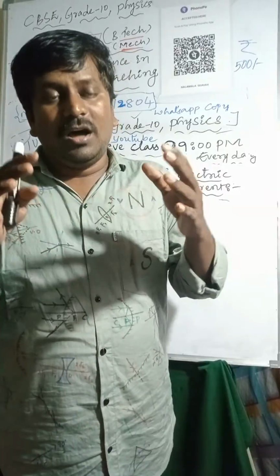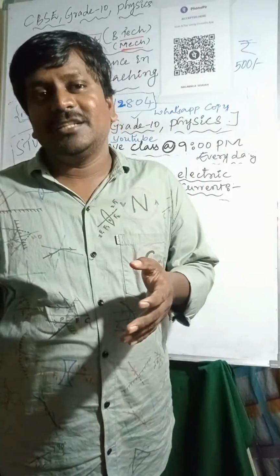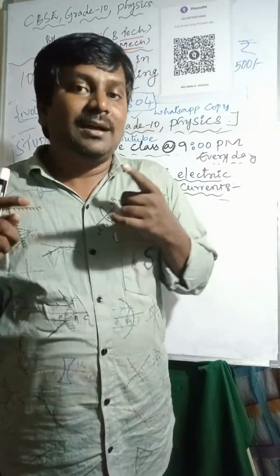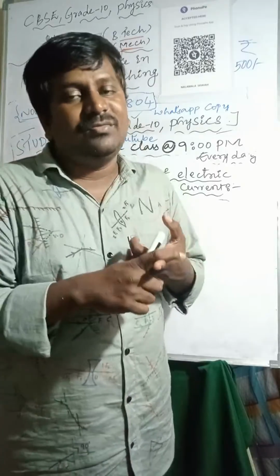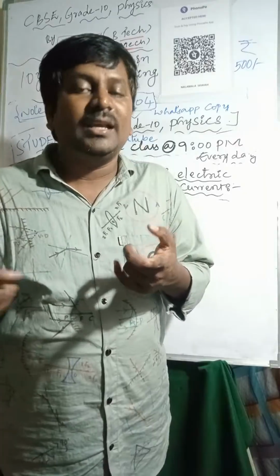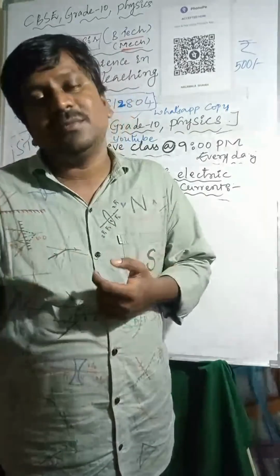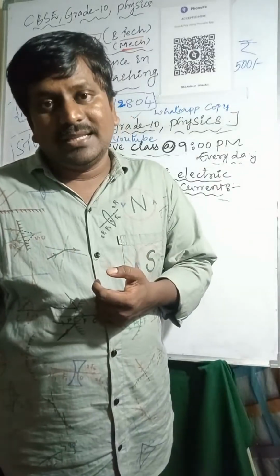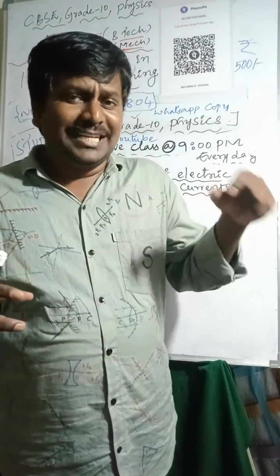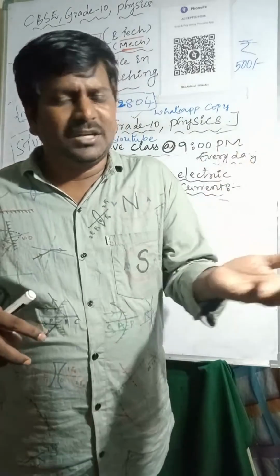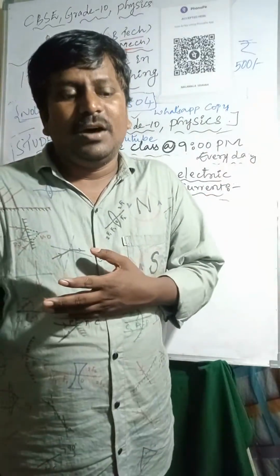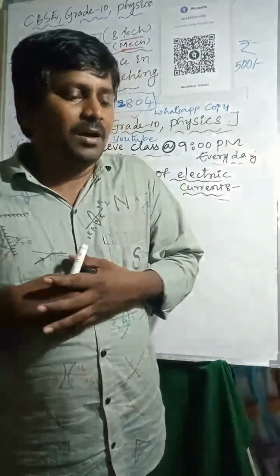The bar magnet's magnetic field will be the same as a solenoid's magnetic field. Here similarities are there. Magnetic field will be there, and here also. There magnetic field lines are there, here also. And if you suspend the solenoid, it always shows the north and south direction, as a bar magnet shows.